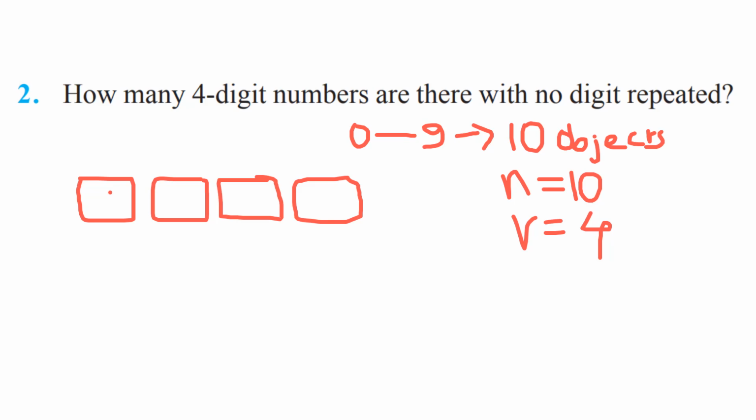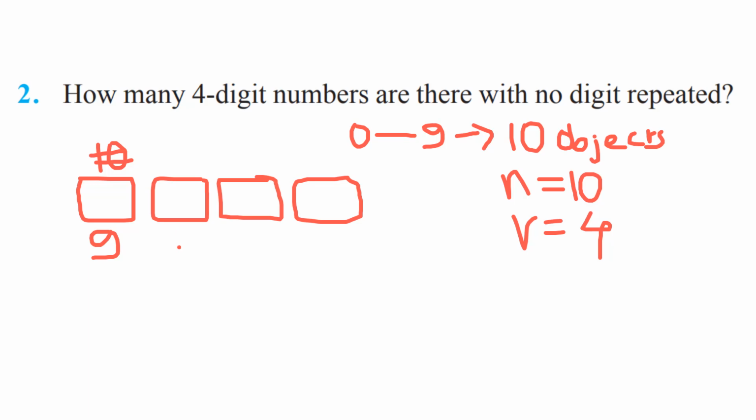So how many different options can we exercise in this position? Is it 10? No. If you put a 0 here, that's not acceptable. We will have only 9 options, that's 1 to 9. Any number can go here. Then what about here?